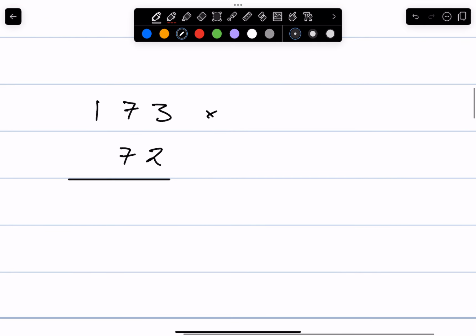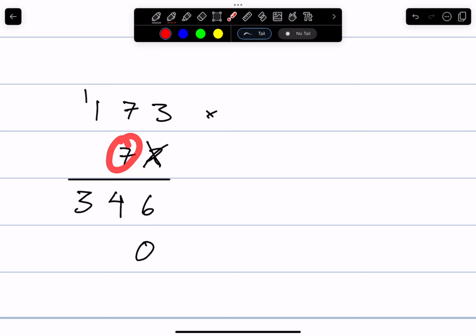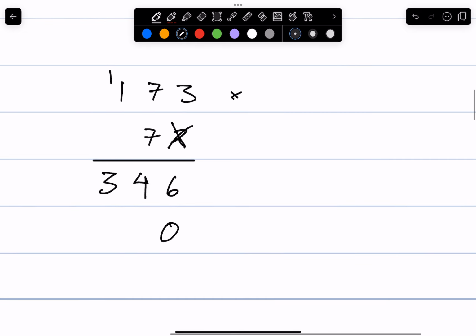So here we go. 3 times 2, 6. 7 times 2 is 14. Carry the 1. 1 times 2 is 2. Plus the 1 gives us 3. We're finished multiplying by the 2. Putting the 0 to make this a 70. 7 times 3 is 21. Carry the 2. 7 times 7 is 49.